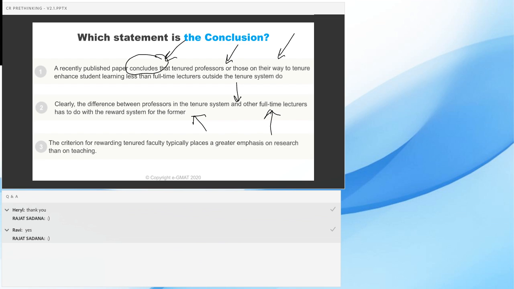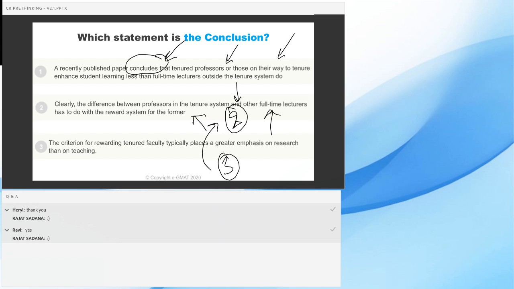Now, statement number three supports statement number two. When you look at statement number three, this is number three over here, this is two over here. Because three is there, it increases your belief in statement number two. Three makes two more believable. So the purpose of writing three is to strengthen two.